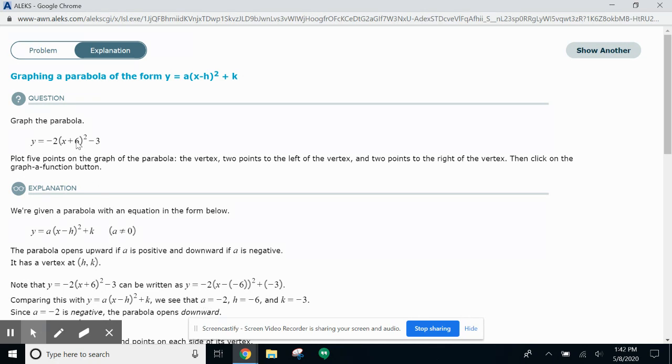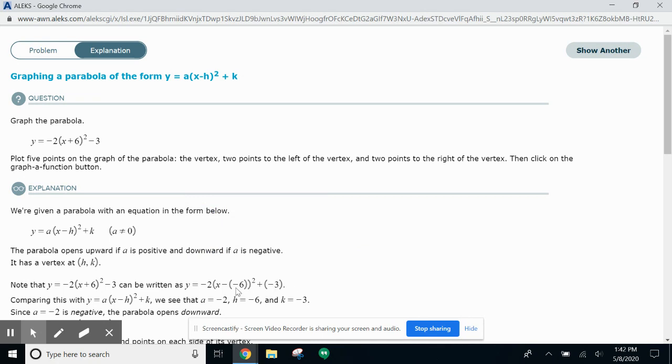And 6 is +6, but h in our equation has a negative sign in front. So if h was +6, then when we put a 6 in here, we should still have a -6. So that means our actual h must be a -6. That way we'd have a negative in our equation, a -6, which would give +6.